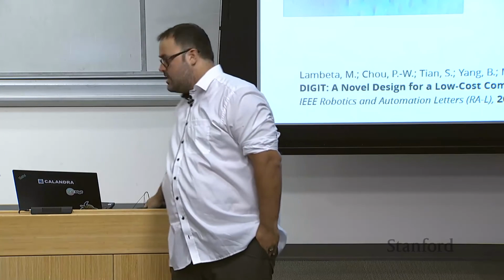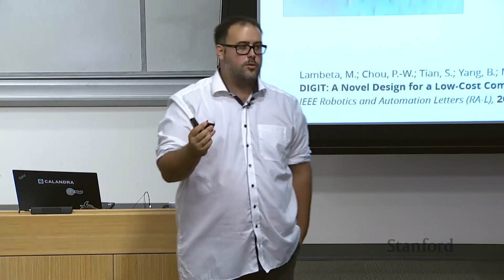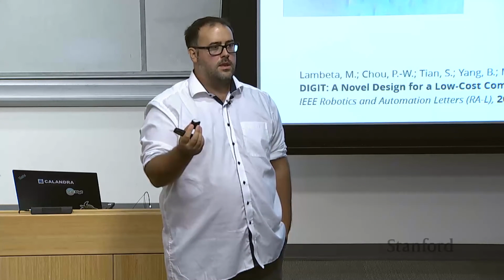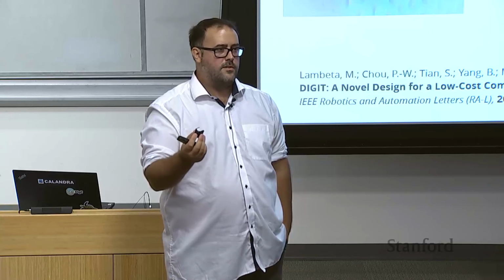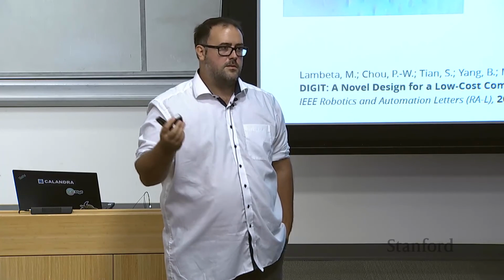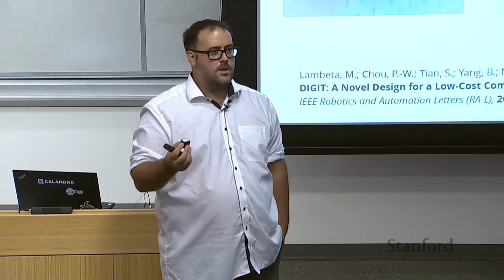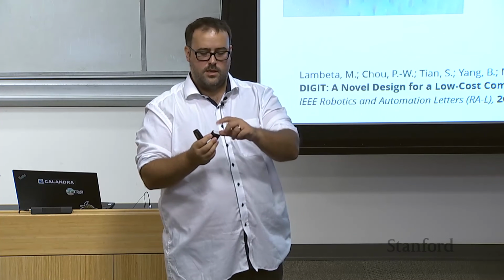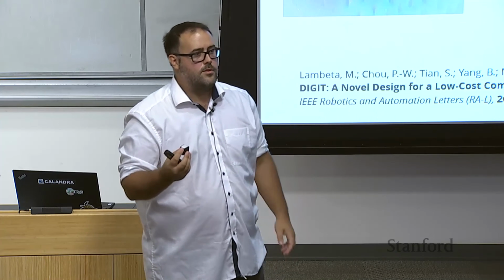So I can make today a piece of silicon that is able to sense micronewtons, and then tomorrow I need to pick up oranges, and I'll instead make a very rugged piece of silicon which is in the order of hundreds of newtons. And all of this can be done just by, again, changing the piece of silicon that you have.